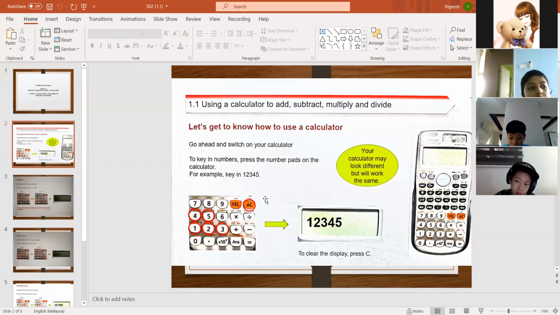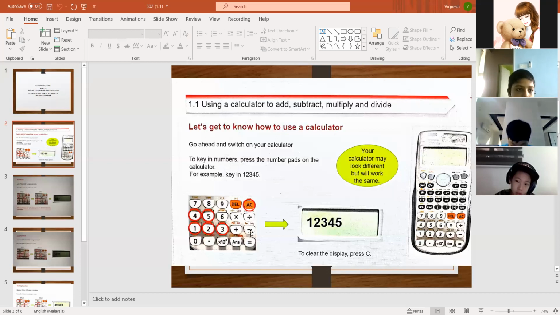For example, all the keys, you should know how to press 1, 2, 3, 4, 5. Correct? If you want to clear the screen, what do you need to press usually? AC. Yes, you can press the AC button here.